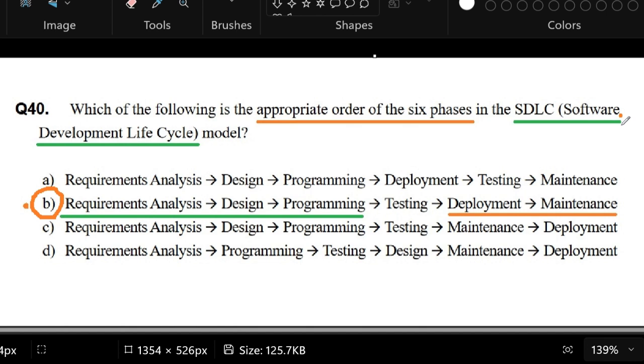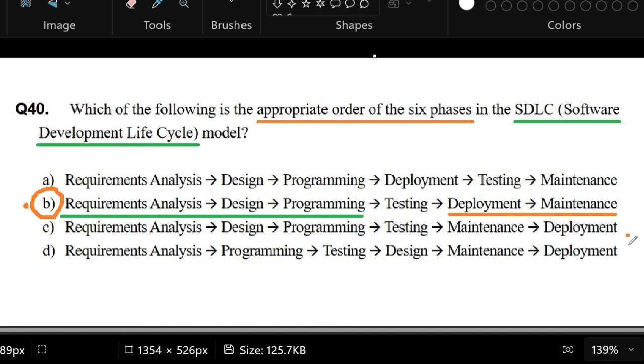And I thought that if we understand that maintenance is something that we would need to do towards the end, and if we are to compare the last phases, we got maintenance and deployment.